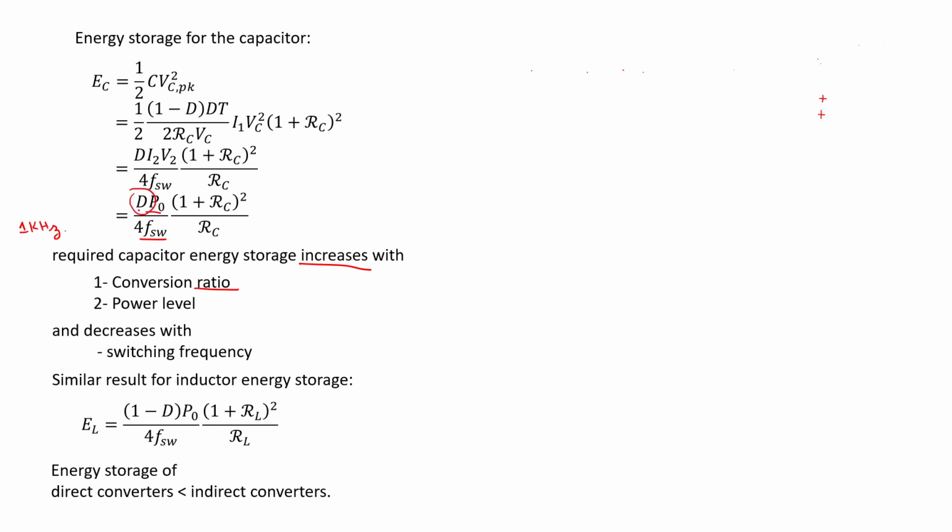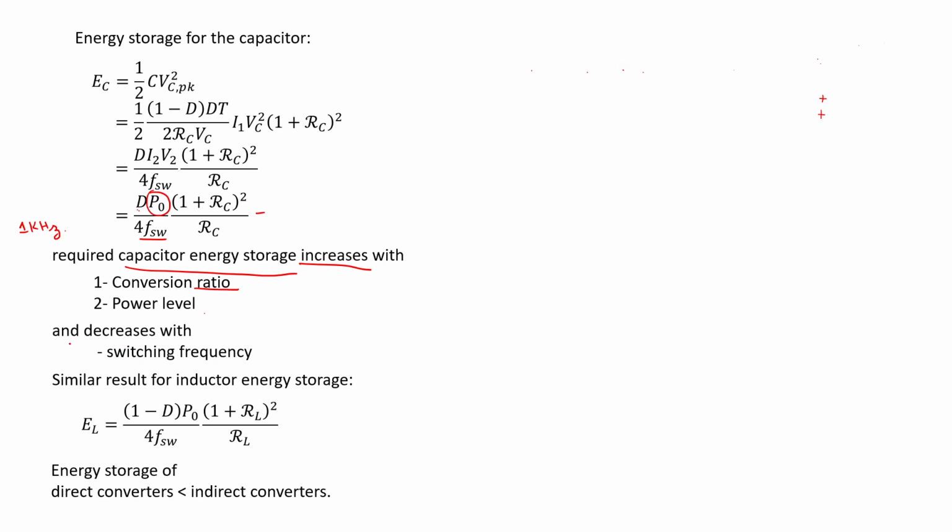If D is big, conversion ratio increases depending on D. And another one, power level, P0. If power is high, we also need a capacitor that can store higher energy. And then it decreases, right?